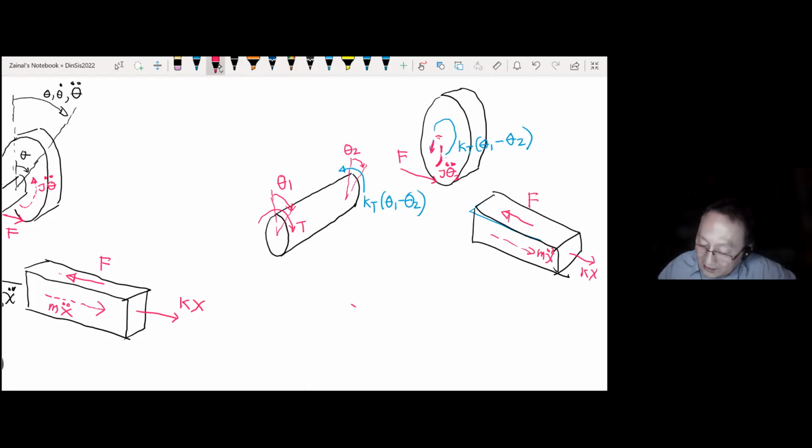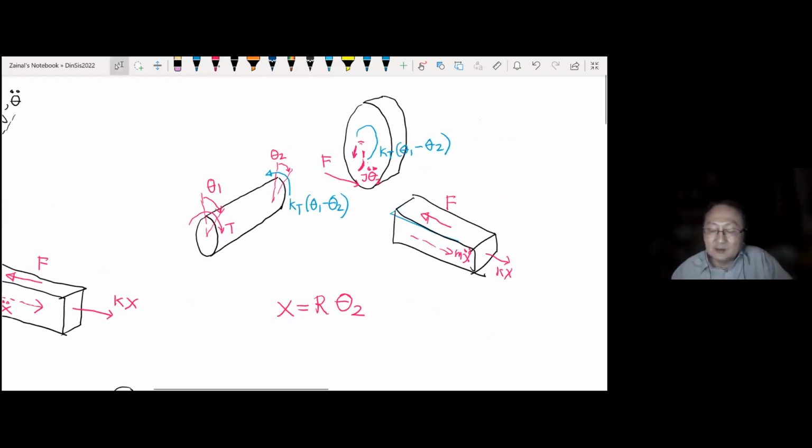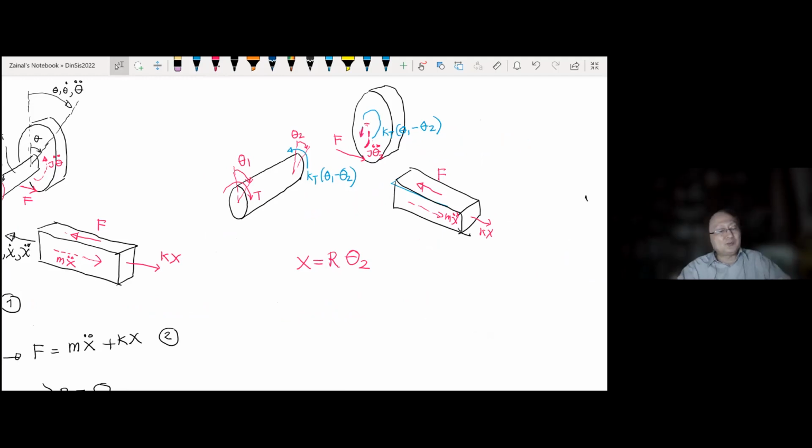Remember, X is valid for R multiplied by theta 2, not theta 1, because there is a relative motion between theta 1 and theta 2, because it's flexible. So it is a 2 degree of freedom system. You have theta 1 and theta 2. Theta 2 corresponds to X, but theta 1 does not correspond to X. There is an equation between theta 1 and theta 2.